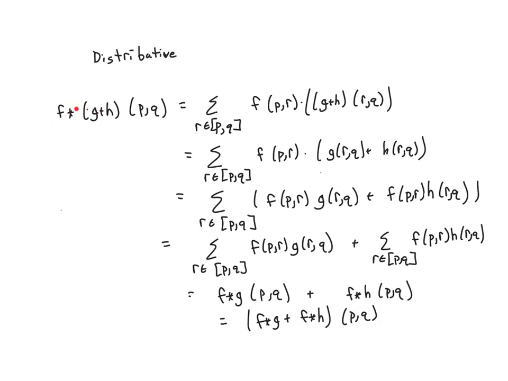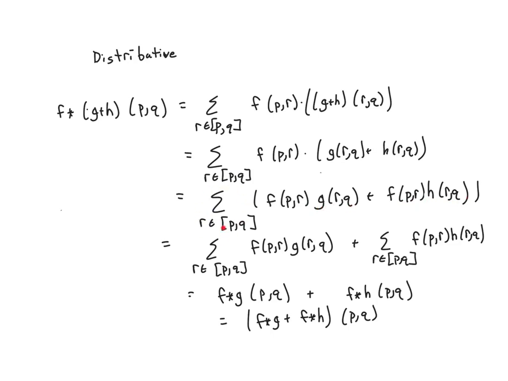By definition of convolution, you're summing over all r in the interval pq, f applied to pr, times (g plus h) applied to rq. Our definition of addition is pointwise, so (g plus h) applied to rq is g of rq plus h of rq. Multiplication distributes over addition, and so I get f(pr)g(rq) plus f(pr)h(rq).